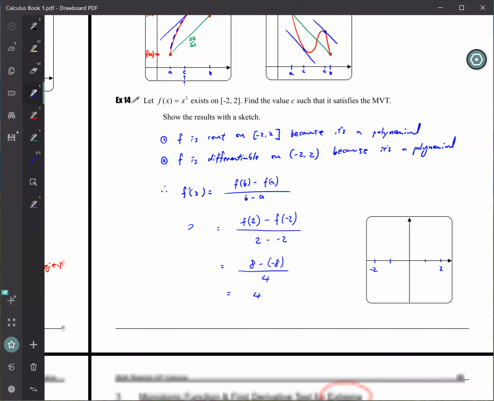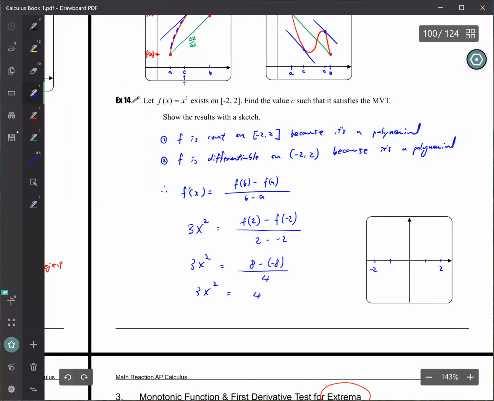This is 3x squared, right? And then we try to find out where they equal each other. Slope of tangent has to equal the slope between 2 points. So we solve for x. When you found the x, can you raise your hand?